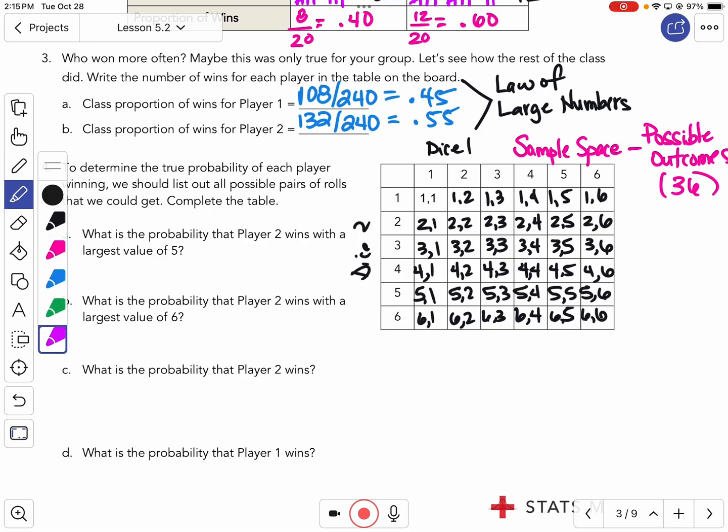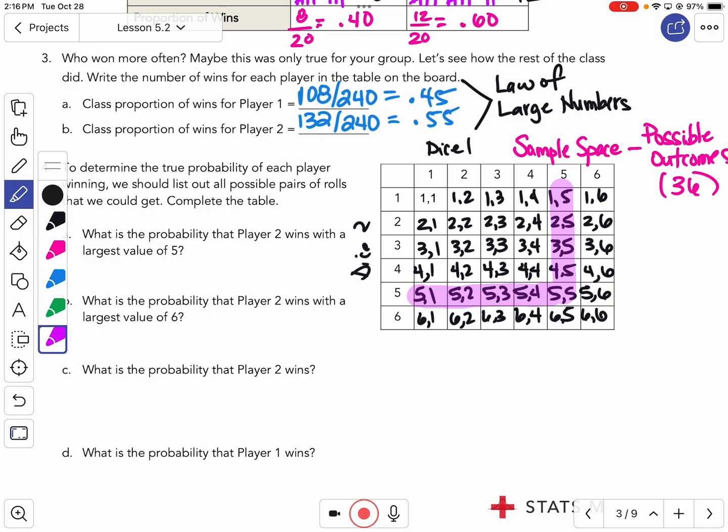So let's go through our chart, and I'm going to highlight the spaces where the largest value is 5. So that would be here, and here. The largest value I see is 5. Everything else, 6 is bigger.